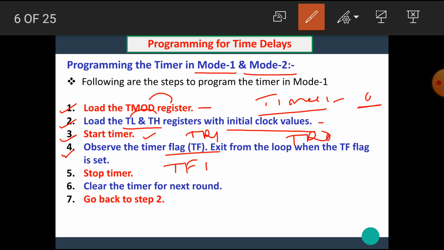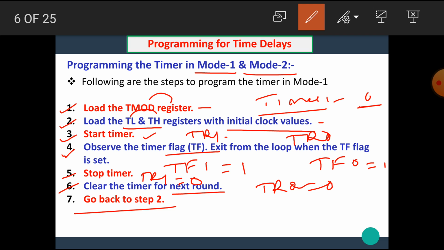In case of timer 0, the timer flag is TF0. If this timer flag is set, then stop the timer by resetting the TR1 bit or the TR0 bit. Then clear timer for next round and go back to step two.